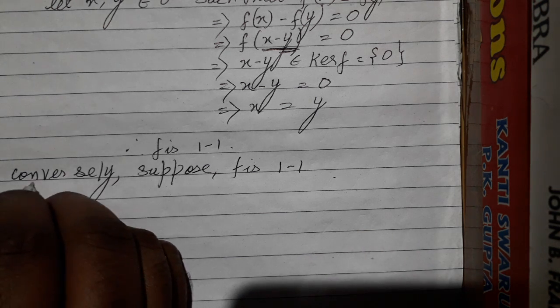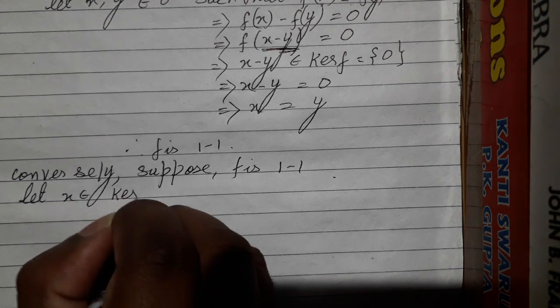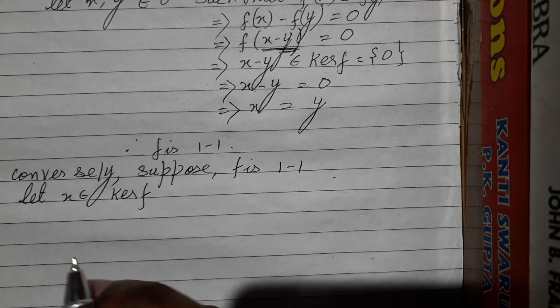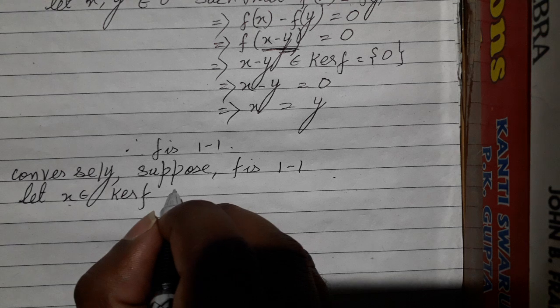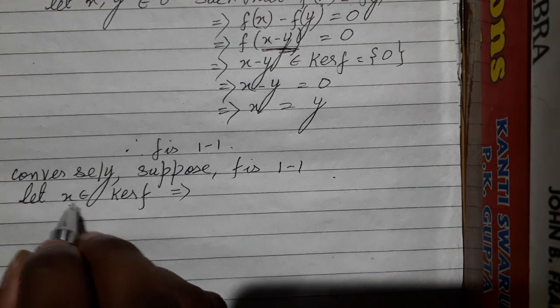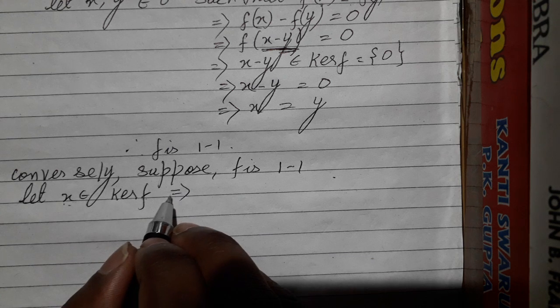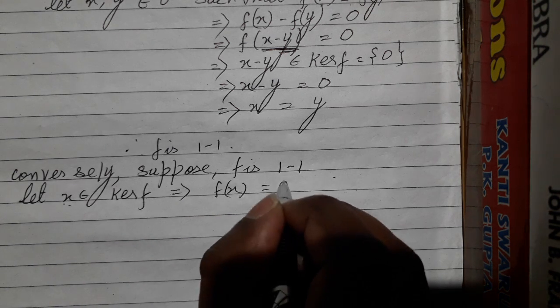I'll take one arbitrary element x in kernel of f. If I can show this x is 0, then we are done. Any element in kernel of f is sent to 0, so f of x is equal to 0.